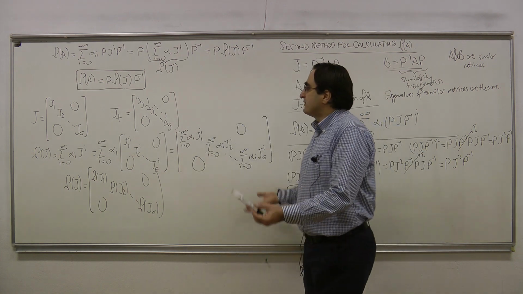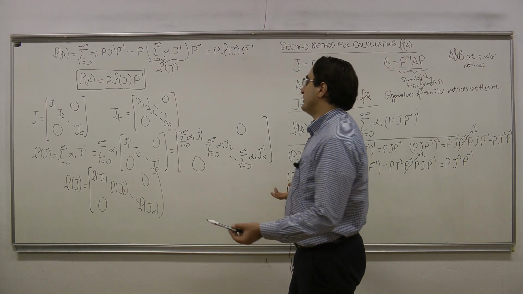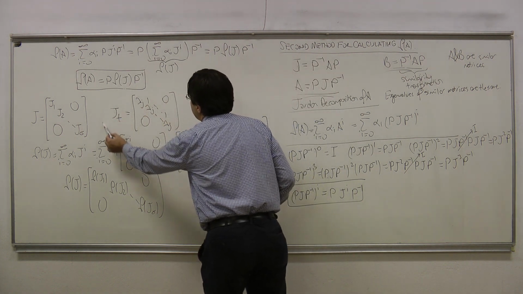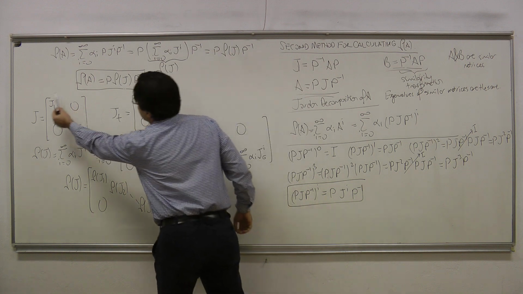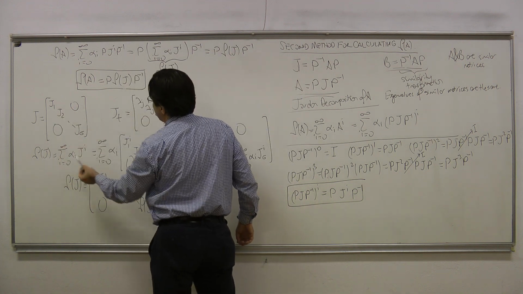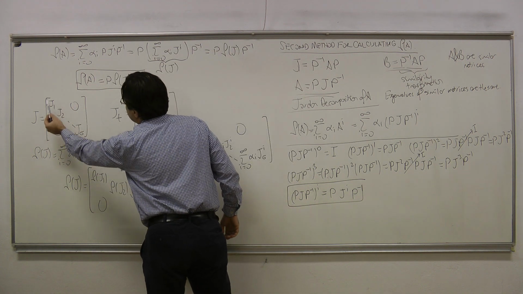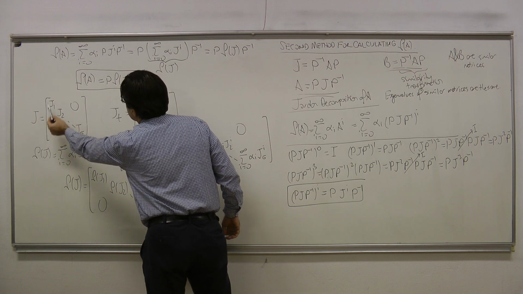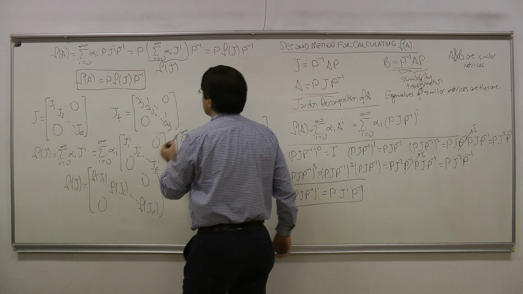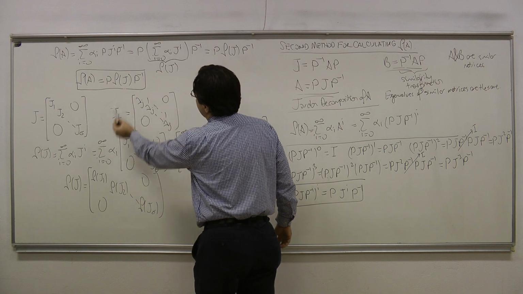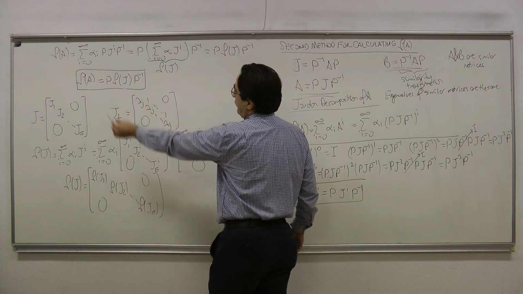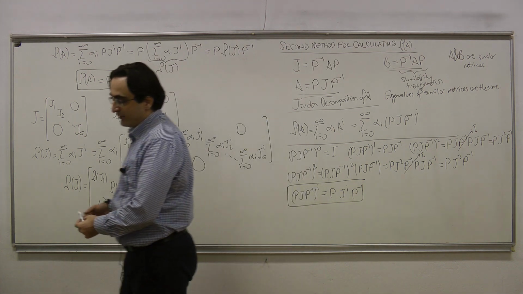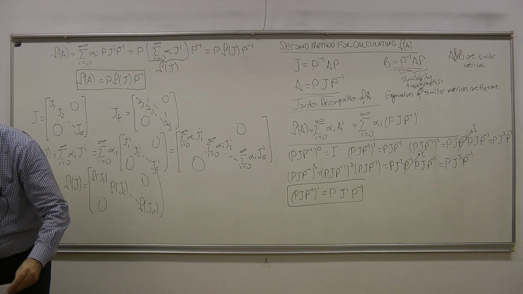So it is sufficient for us to calculate only the function of a single Jordan block, because the function of the Jordan canonical form can be formed out of the functions of each of these Jordan blocks. If I know how to calculate the function of a single block like this, then I can form all of the other matrices.